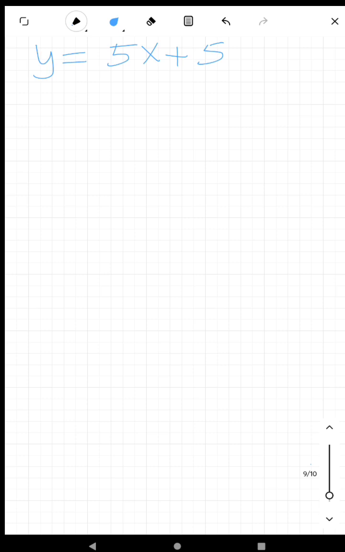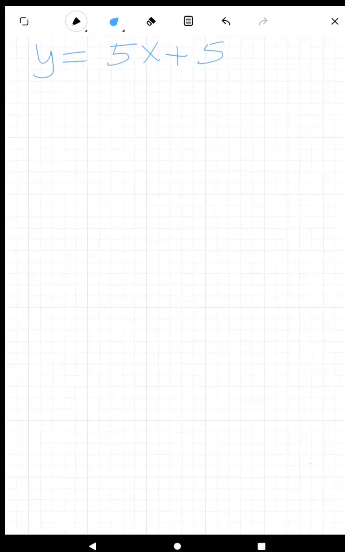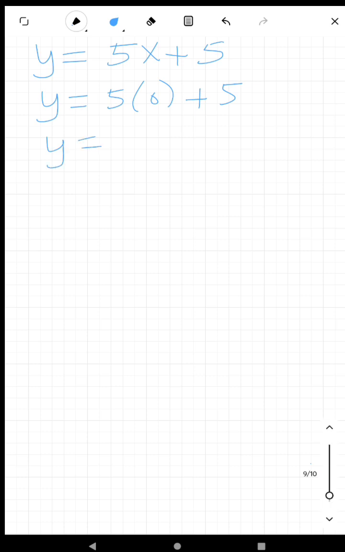So when x is 0, what is the value of y? 5 times 0 plus 5. So y is 5 when x is 0.